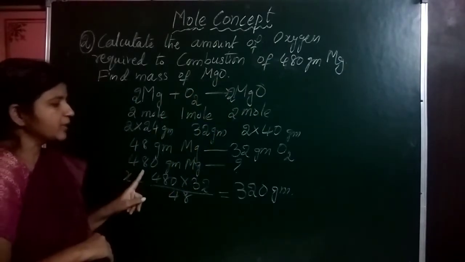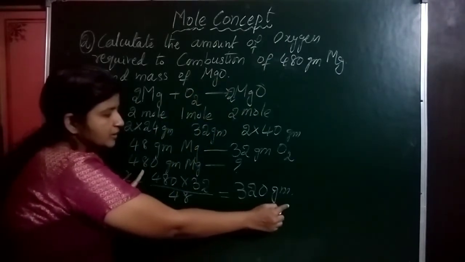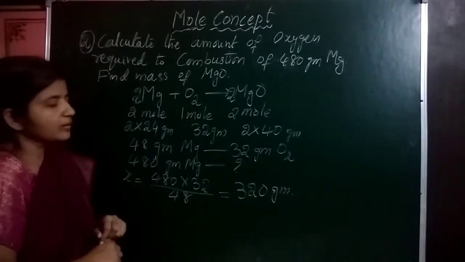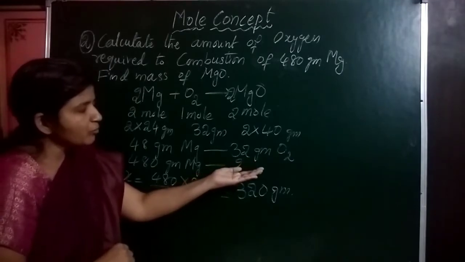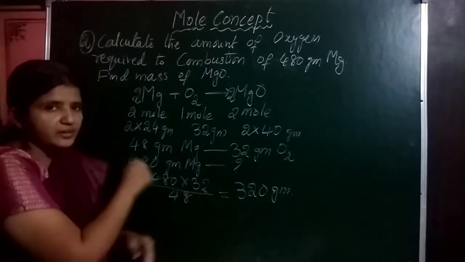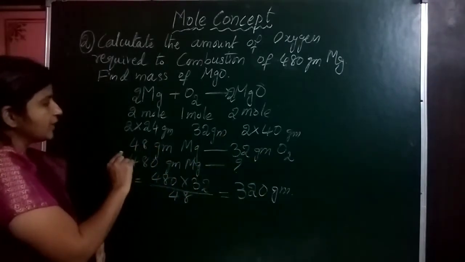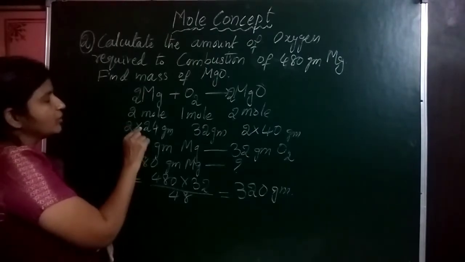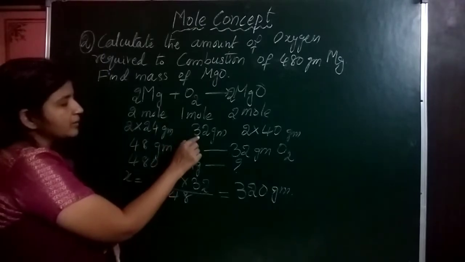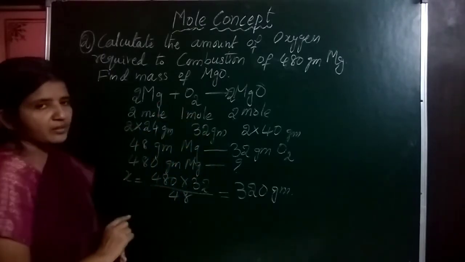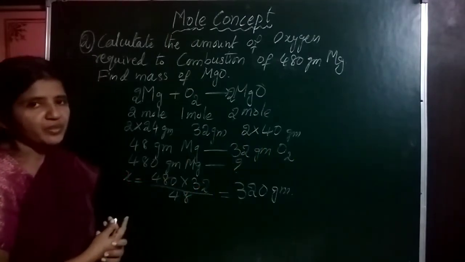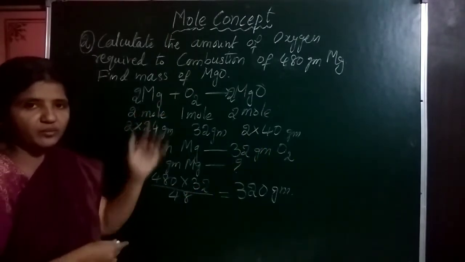For 480 grams, 320 grams of oxygen is required. And how much magnesium oxide is produced in this case? In the equation, 48 grams of magnesium is consumed by 32 grams of oxygen, so how much magnesium oxide is produced? 80 grams. That is according to the equation.